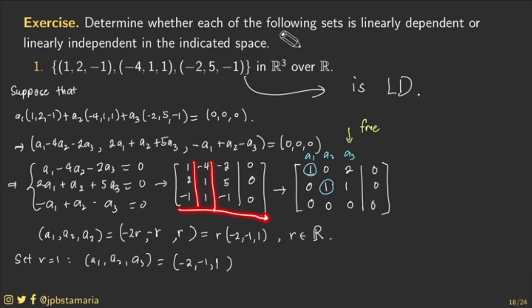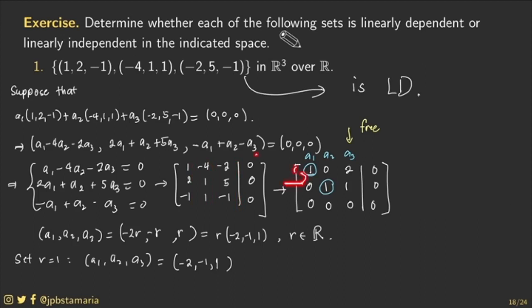So basically, to test whether a given set of vectors is linearly independent, you just place them in columns. Now, this is the reason why some authors or some teachers like to use the vertical form of a vector. Sometimes they write vectors in the vertical position because when they translate to linear systems, they're actually in the vertical position like this. And then on the right, you just put zeros.